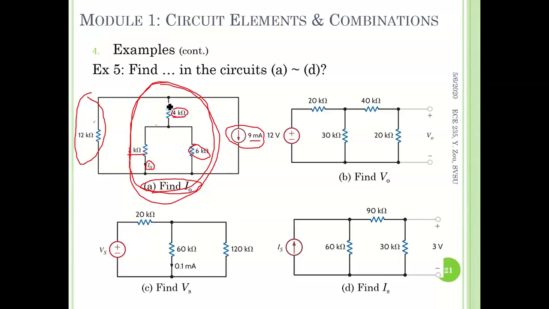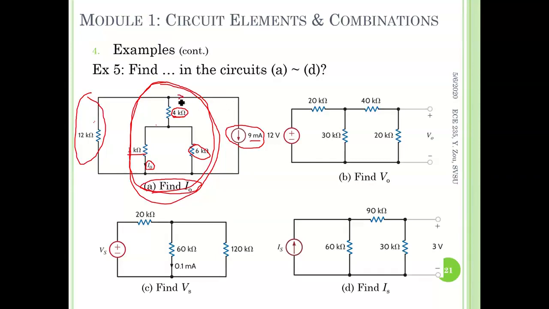This is a very important thing you need to realize. The direction of the current flowing through 4K is another thing you need to figure out. So if you think of this circuit, the 4K current and 12K current total is equal to 9 milliampere going downwards.